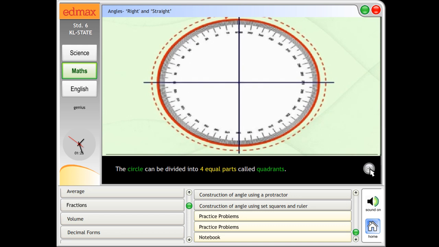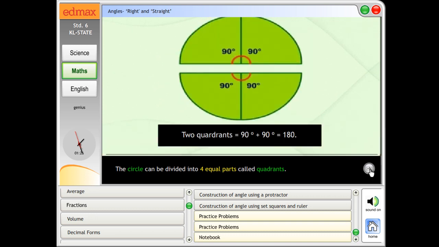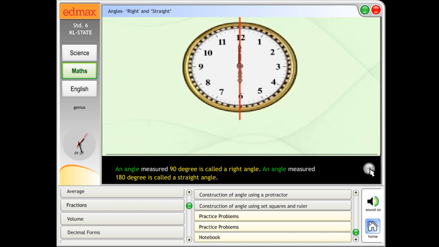The circle can be divided into 4 equal parts called quadrants. An angle measuring 90 degrees is called a right angle. An angle measuring 180 degrees is called a straight angle.